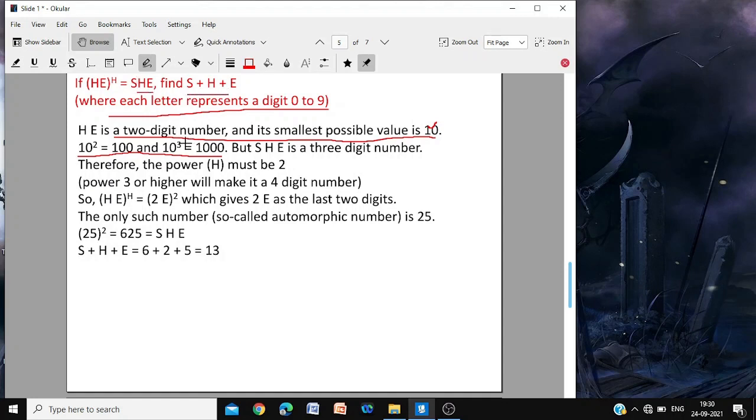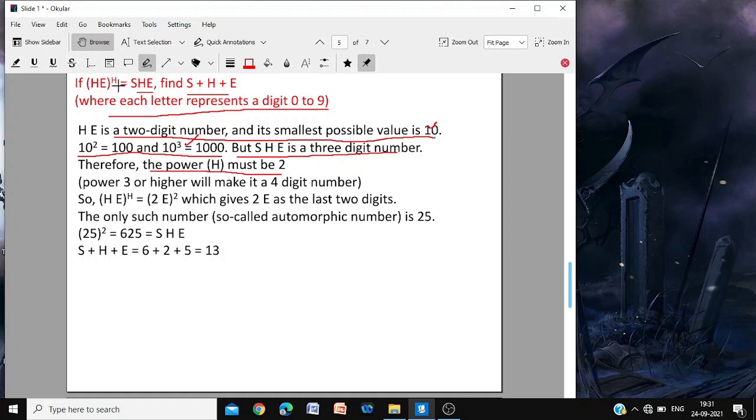So it cannot be a cube, it has to be a square. In order to get a 3-digit number, you can square a 2-digit number, but you cannot use the cube or any higher powers, because that will give you 4-digit or larger numbers. So therefore, the power H must be 2.